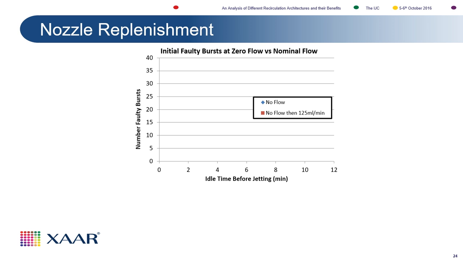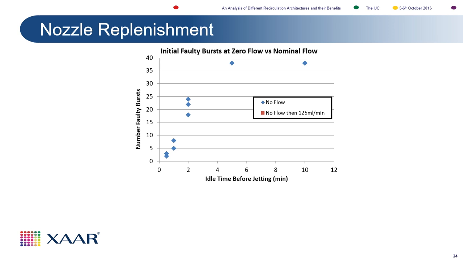All these experiments are with solvent-based ink, which is susceptible to evaporation, so we specifically picked the solvent-based inks. With no flow, you can see even after 30 seconds of idling, the image is affected.